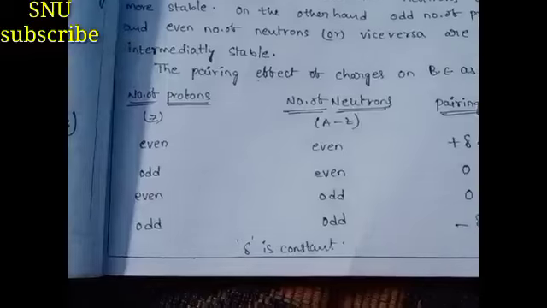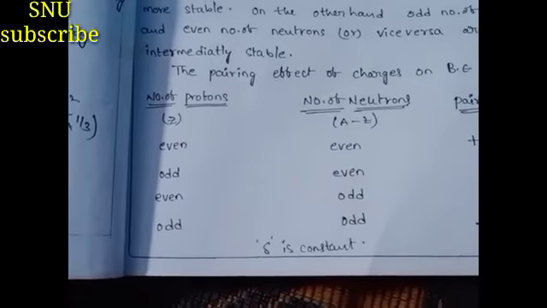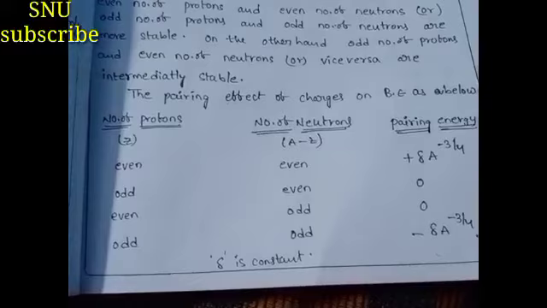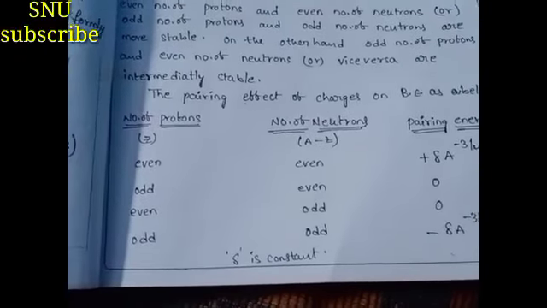Number of protons Z, number of neutrons A minus Z. Pairing energy: number of protons even, number of neutrons even, pairing energy plus delta A to the power minus 3/4.